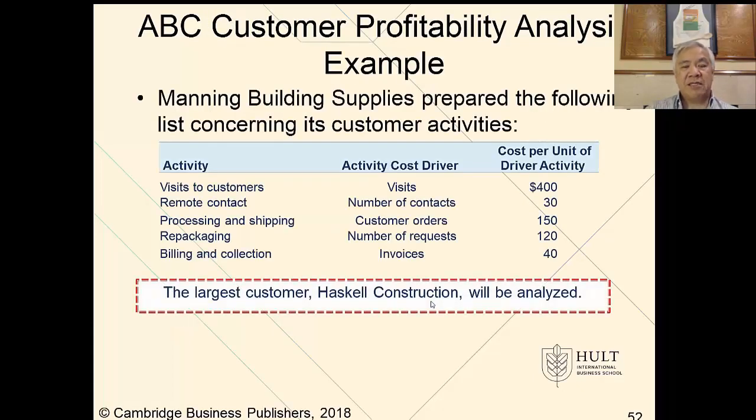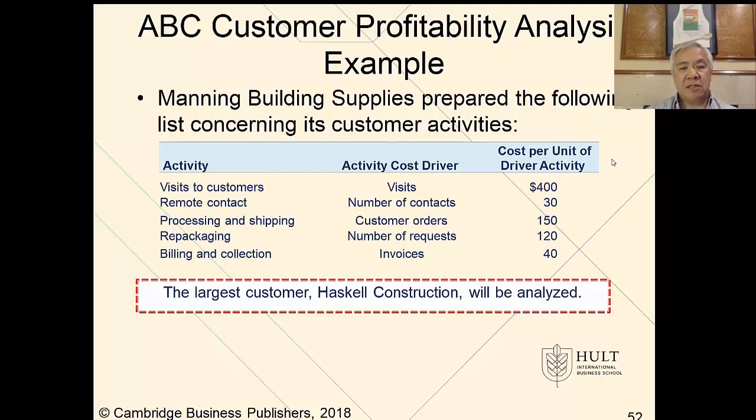An example is a building supply company called Manning, and they did an analysis of their ABC for their customer facing activities. They identified 5 activities right here on the left, the cost drivers they determined, and then they've done the math to get the total dollars per unit of driver used by the customer.